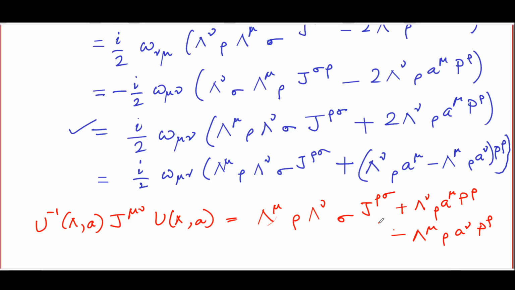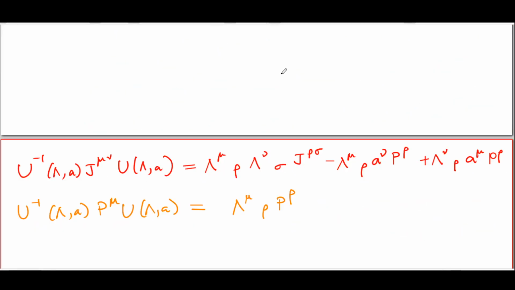And it changes exactly by this A mu P nu minus A nu P mu amount. This has nothing to do with quantum mechanics in particular. You would get exactly the same result in classical physics as well. This then are the transformation rules for J mu nu and P nu, the operators, under a Poincare transformation.